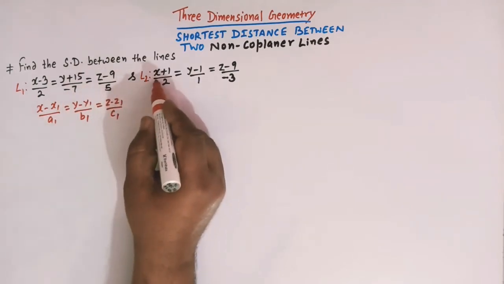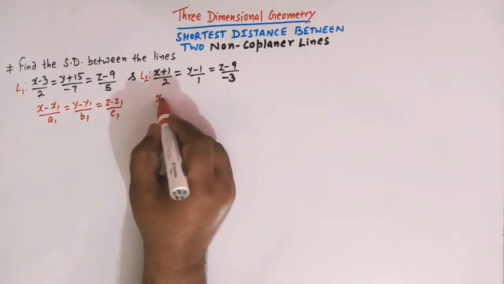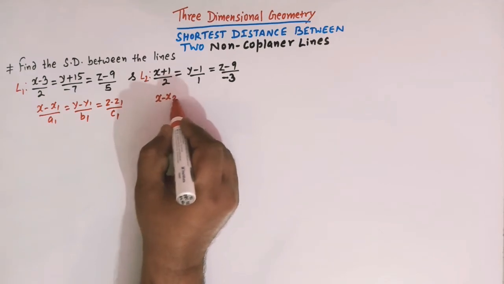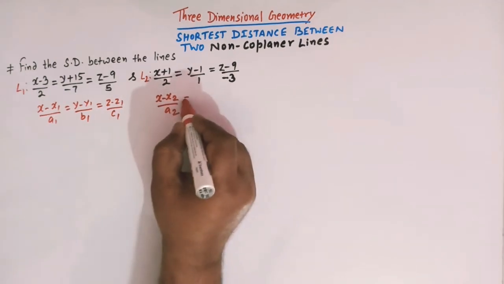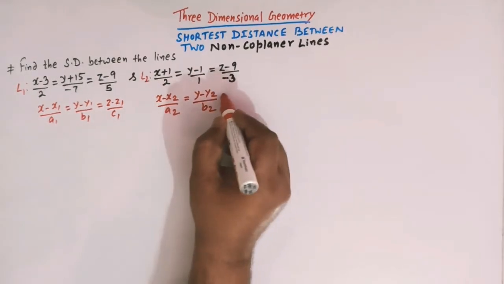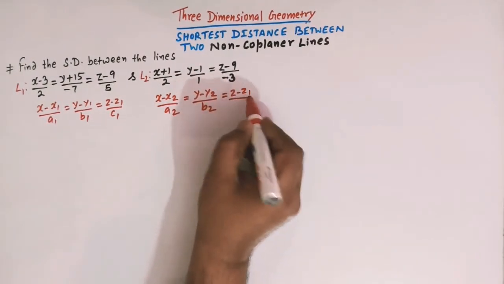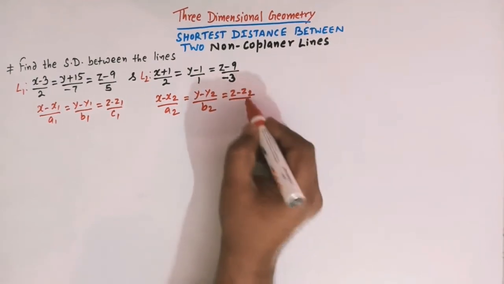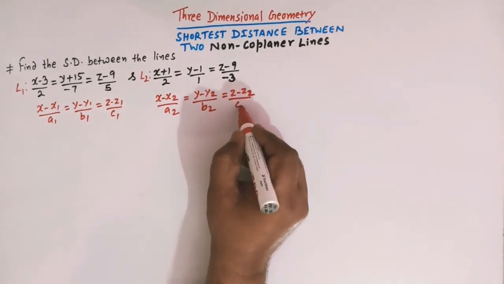Similarly, this line is of the form (x minus x2) over a2, (y minus y2) over b2, and (z minus z2) over c2, right?